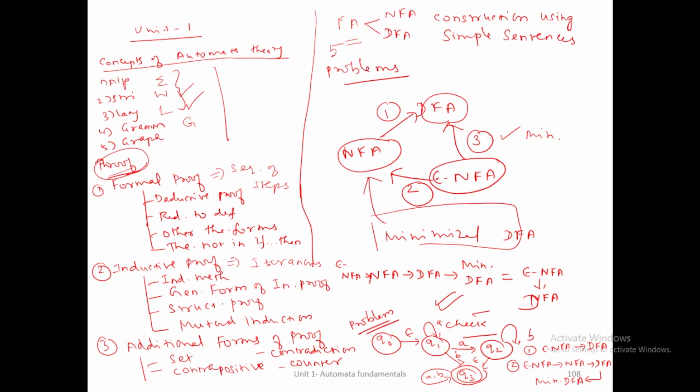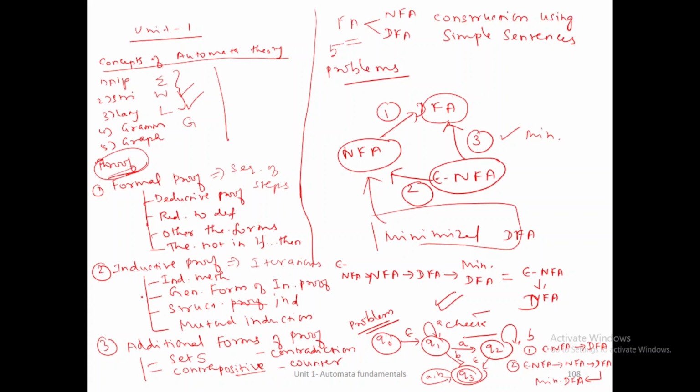If any iterations of steps are available, you should go to inductive proof. This inductive proof is further categorized as inductive method, general form of integer induction, structural induction or structural proof, mutual induction. And additional forms of proof are available, which are proof by sets, proof by contrapositive, proof by contradiction and proof by counter method.